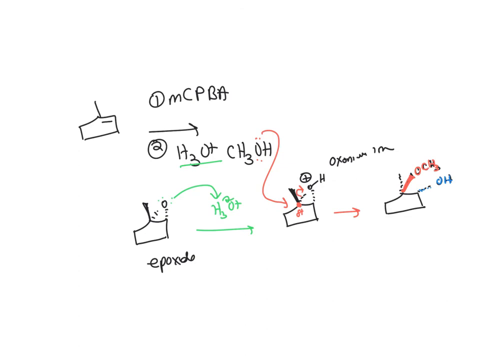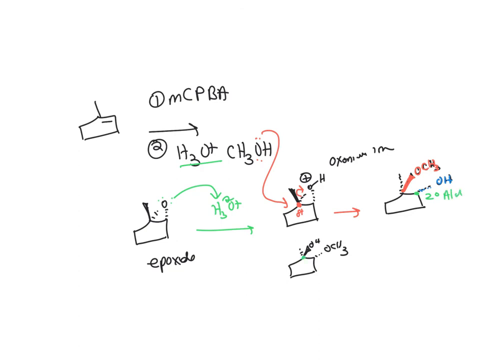So now when I look at your products, I see that we have that option. Your other options that were not okay were the OH being on the tertiary. So this alcohol here is bonded to 2 carbons. So that carbon's bonded, that's a secondary alcohol.